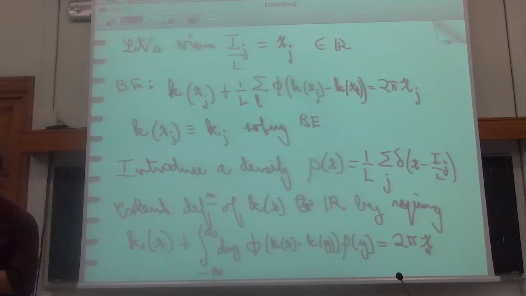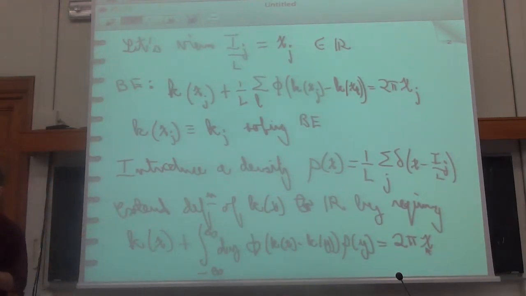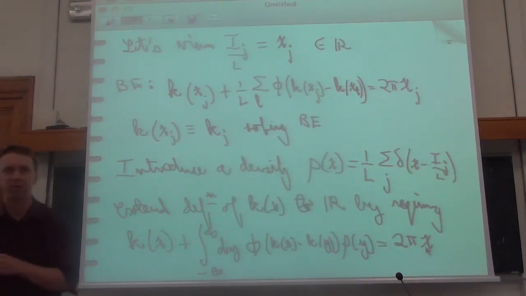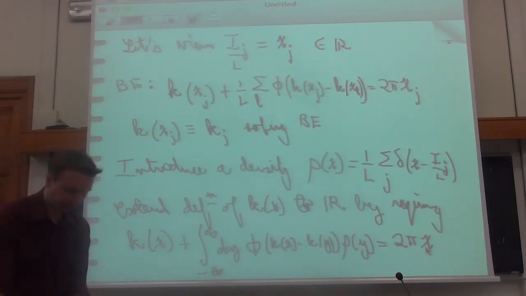In other words, you give me a set of quantum numbers, and then I will give you a k of x on the whole real line. Okay, so it's just the way we do it. So we now think of not labeling our eigenstates anymore in terms of discrete sets of quantum numbers, but rather in terms of a function label. So now the label for our eigenstates is rho of x.